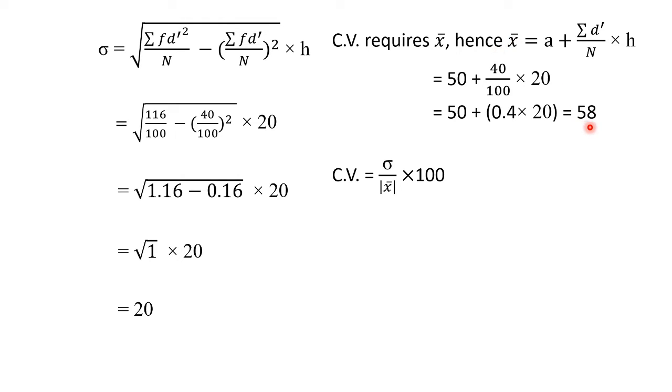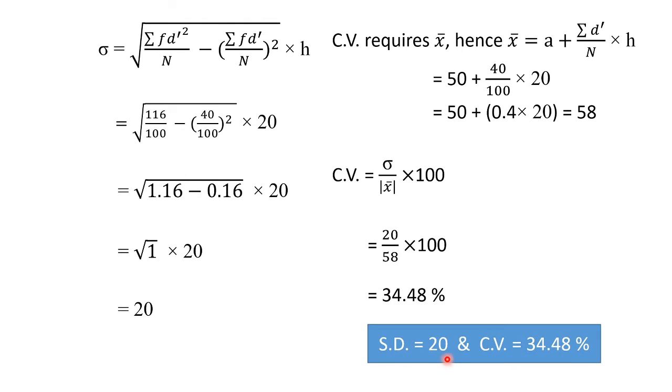So arithmetic mean is 58, and we have to find CV is equal to standard deviation divided by mod x bar into 100. Put the value sigma is equal to 20 and x bar is equal to 58 into 100. So we get CV is equal to 34.48%. So standard deviation is 20 and CV is equal to 34.48%.